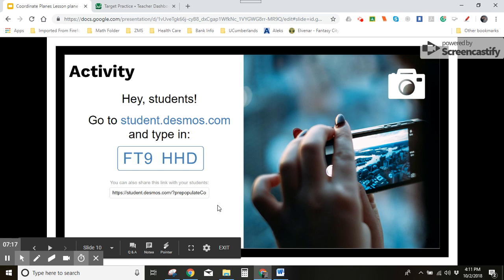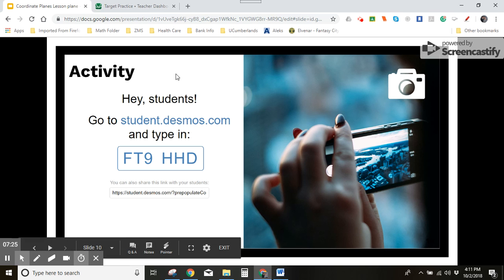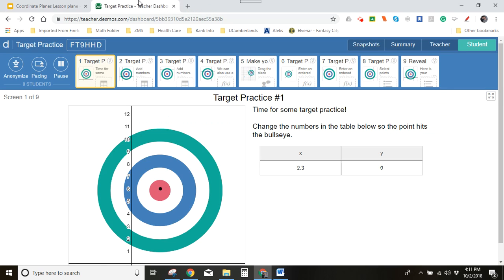Now, to save some time, I want to go ahead and get into our activity. So students, if you would pull up your Chromebooks and go to student.desmos.com. Once you get there, there are 9 slides. I want you and your partner to play around with this.